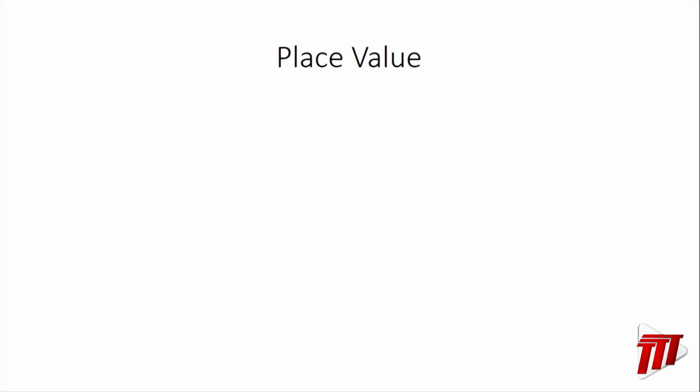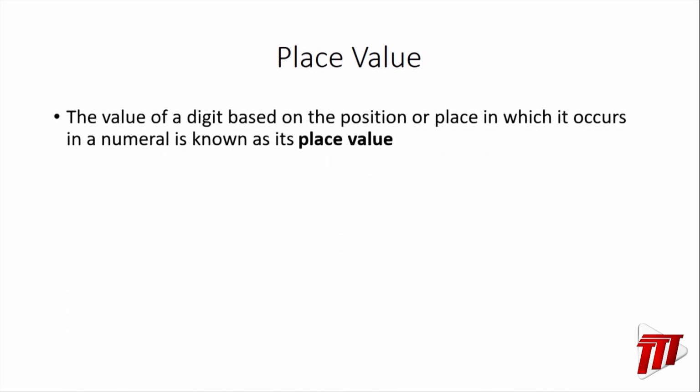I want to begin by talking a little about place value. The value of a digit based on the position or place in which it occurs in a numeral is known as its place value.